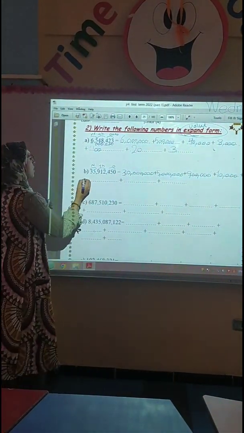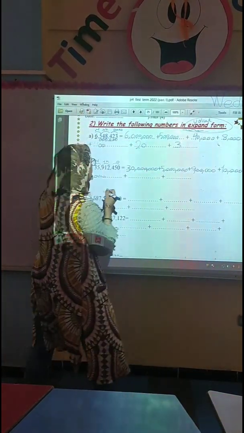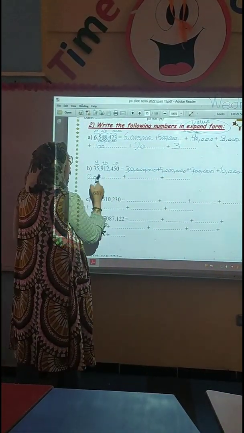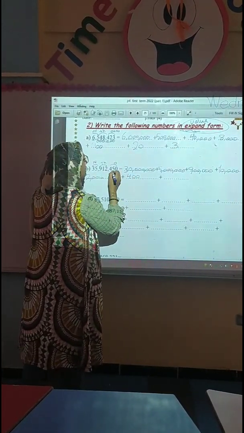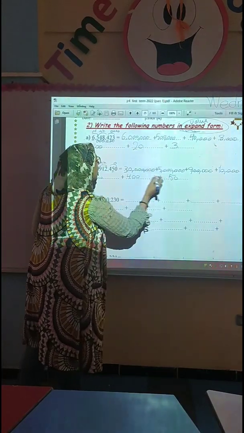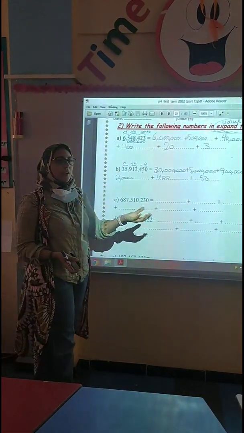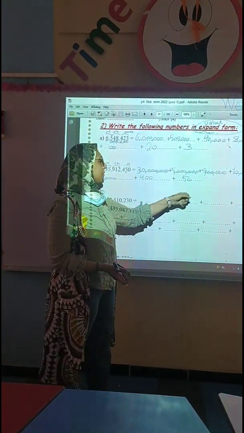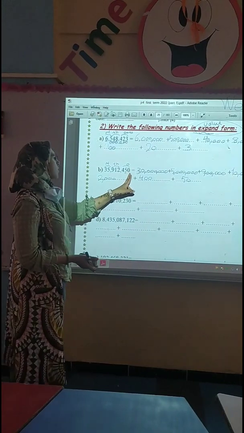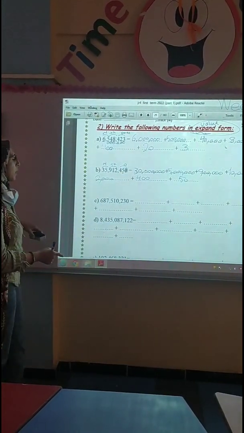Here 2 thousands. Don't forget the number please. Then 400, then 50. What about this zero? This zero is nothing. So I don't write the value of nothing. 50 means 50 and nothing beside. So zero, I don't write the value of the zero.